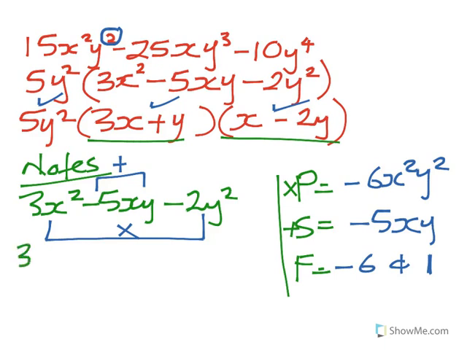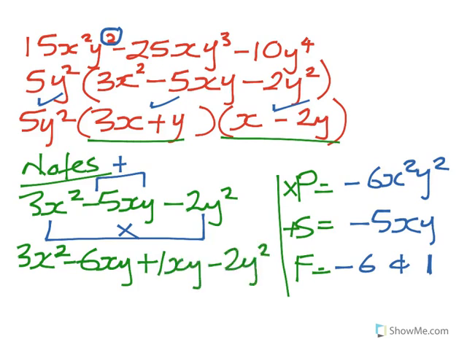It will be 3x squared. Now, instead of this negative 5, what I'm going to have now is minus 6, but I just put xy because it's the placeholder there, the variable that I must always retain, plus 1xy minus 2y squared. Remember, this minus 6xy plus 1xy is minus 5xy.